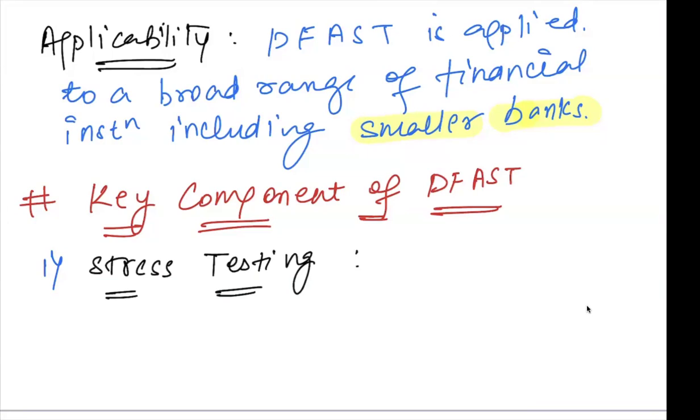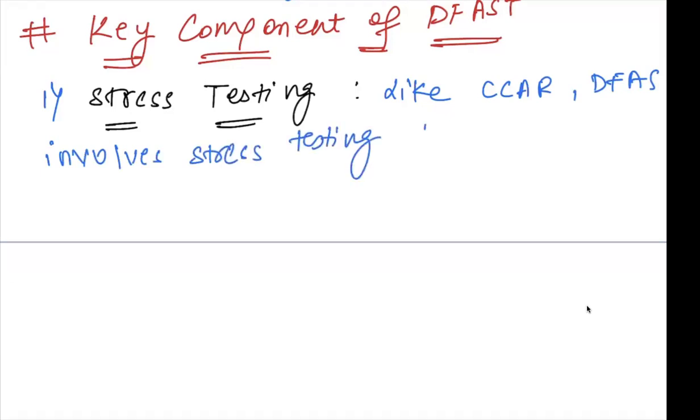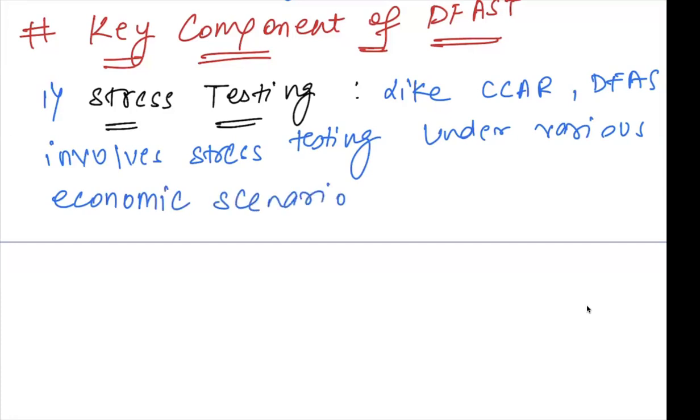So like CCAR, DFAST involves stress testing. Stress testing means giving hypothetical scenarios under various economic scenarios by the Federal Reserve.